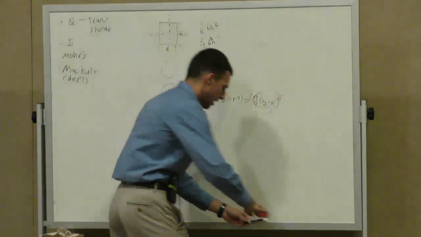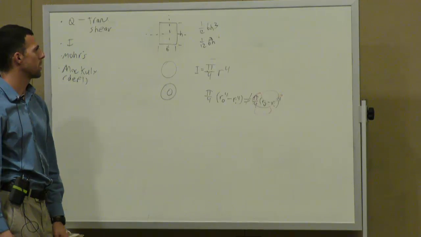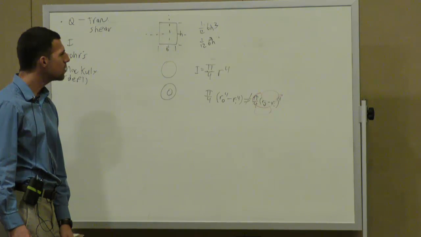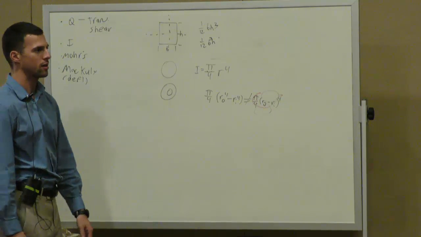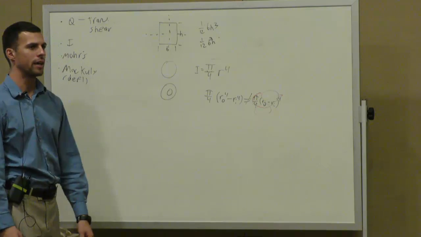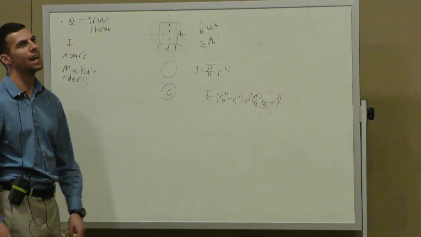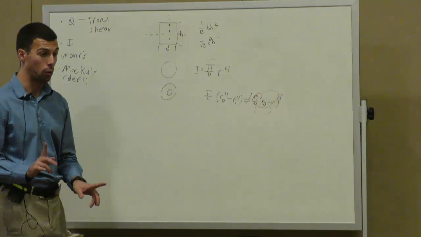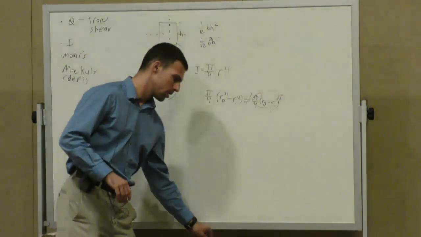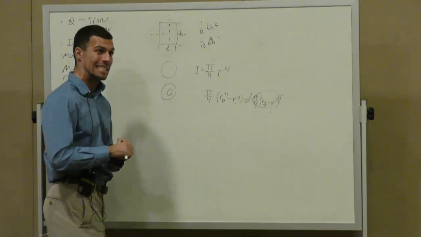Okay. And those are, I believe, the most common shapes. I was going to say you might want to learn the one for a semicircle, but what is it going to be? Half of that. So if it's half of that, what axis is that about? Not really.